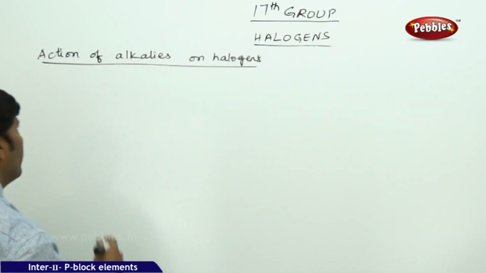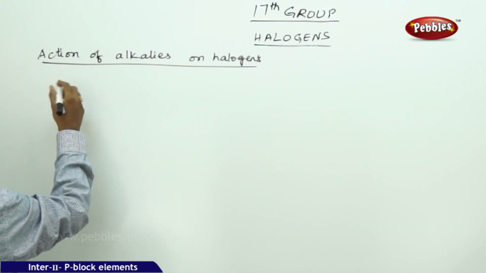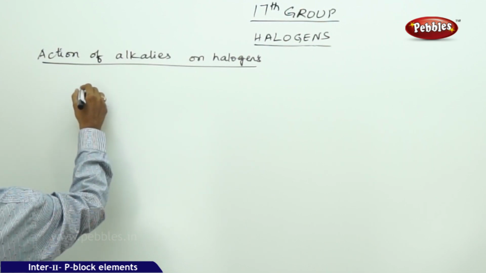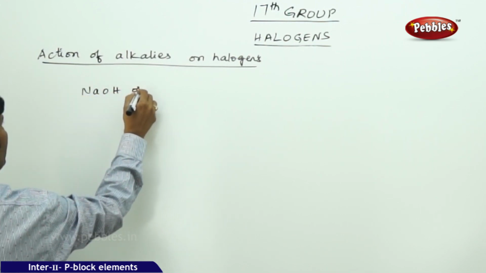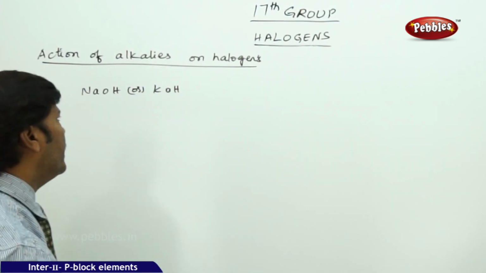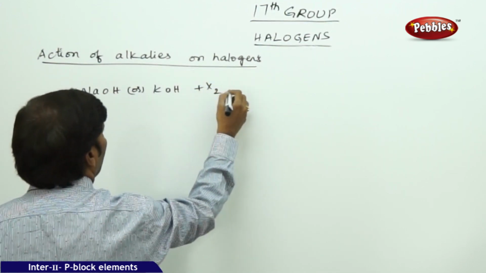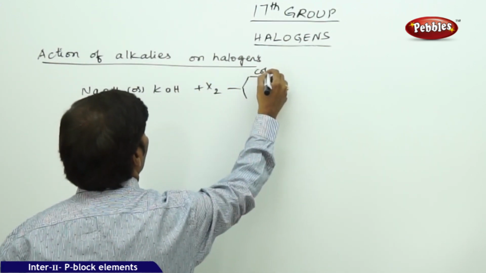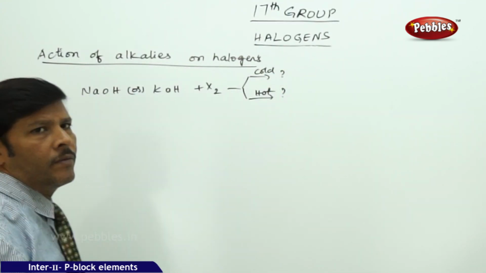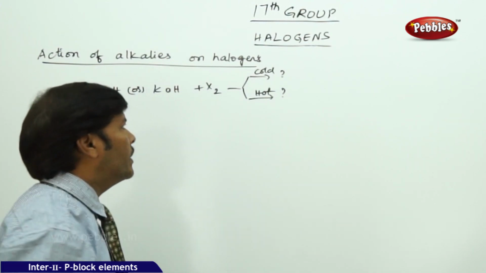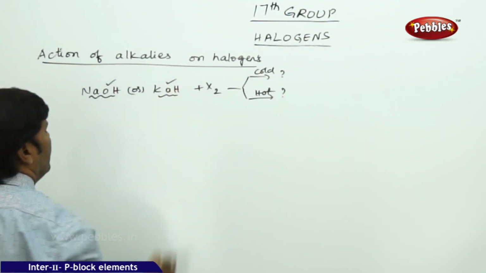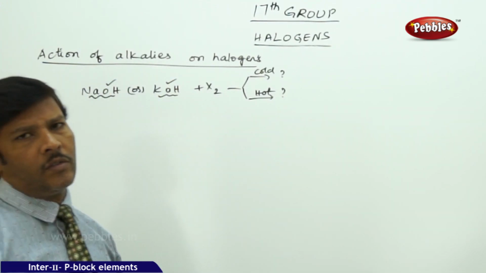For example, if you take fluorine in particular, when you are going for the action of alkalis, I mean here the alkali is NaOH or you can take KOH, sodium hydroxide or potassium hydroxide, any one you can take, and you can treat it with halogen under different conditions. You can take cold case and you can also take hot case, and let us see what kind of products we are going to get when these halogens react with the alkalis like sodium hydroxide or potassium hydroxide.